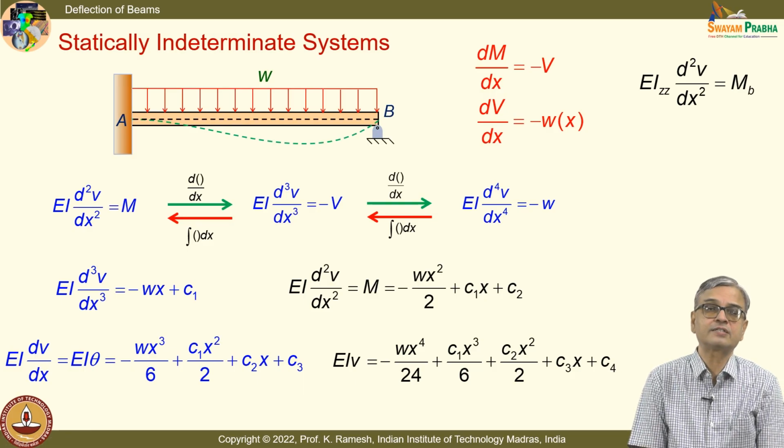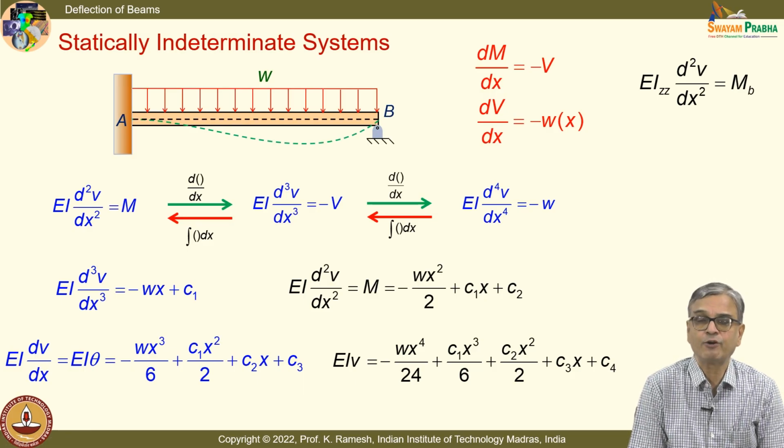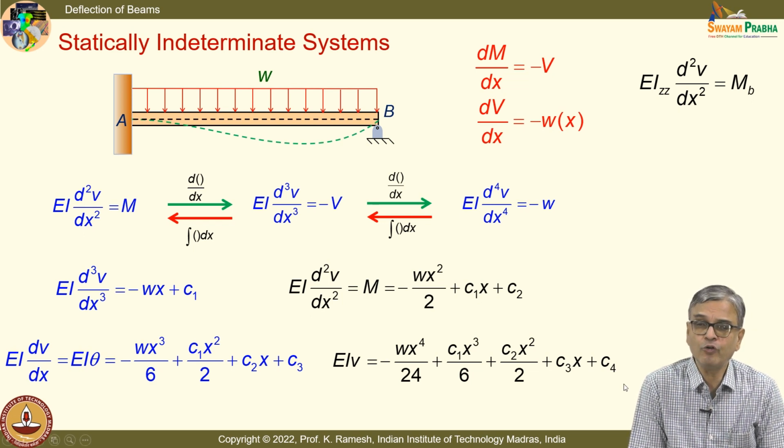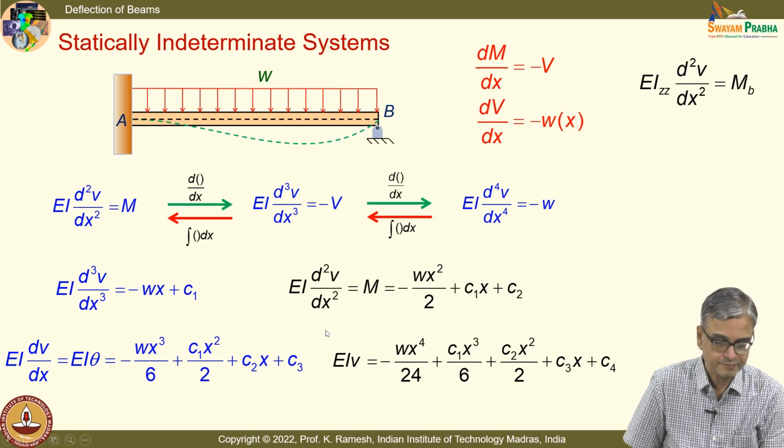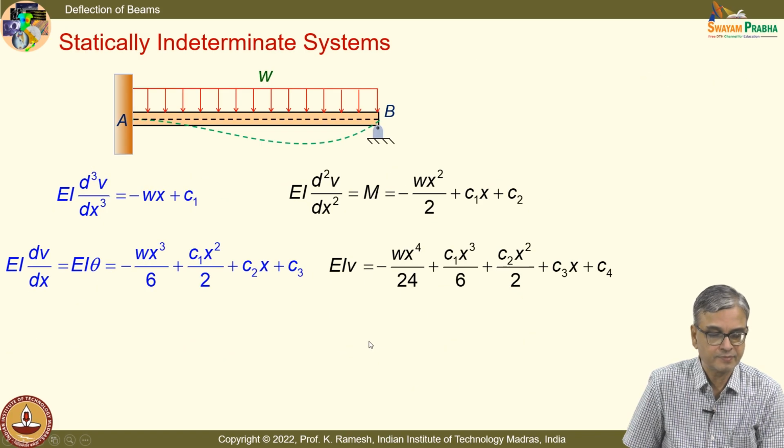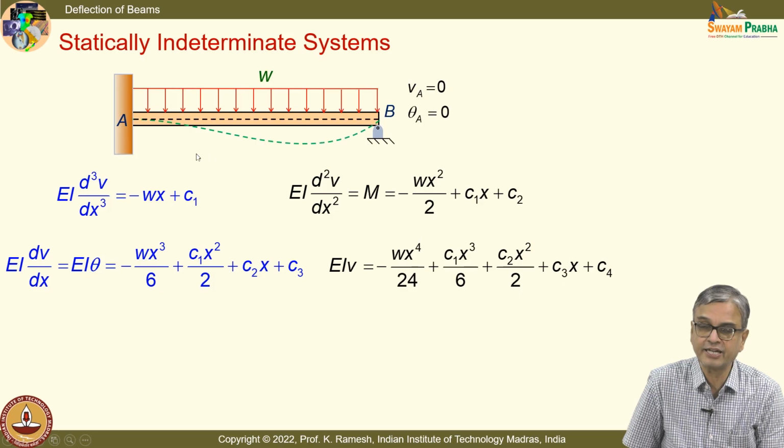So, how many constants do I have to find out? I have to find out 4 constants. So, I should have 4 boundary conditions to determine them. Fine. Let us see what boundary conditions we can apply. Have you been able to write this? Okay. I have the same expressions given here. And then we have a convenient boundary condition, Va equals 0 and theta A equal to 0 at the fixed end.